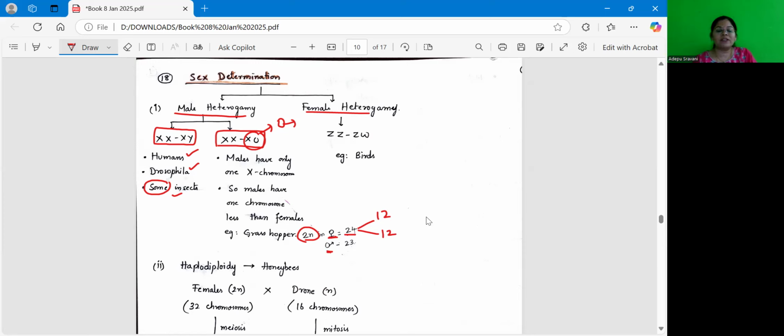Whereas if you consider the male, males will have 23 chromosomes only, total diploid. And when it is producing gametes, one gamete will have 12, the other will have 11. That means one chromosome is less in one of the gametes. Understood? So that is, O is one less there.